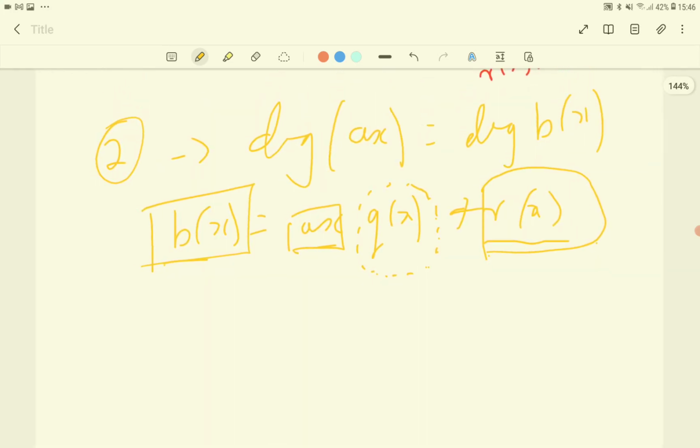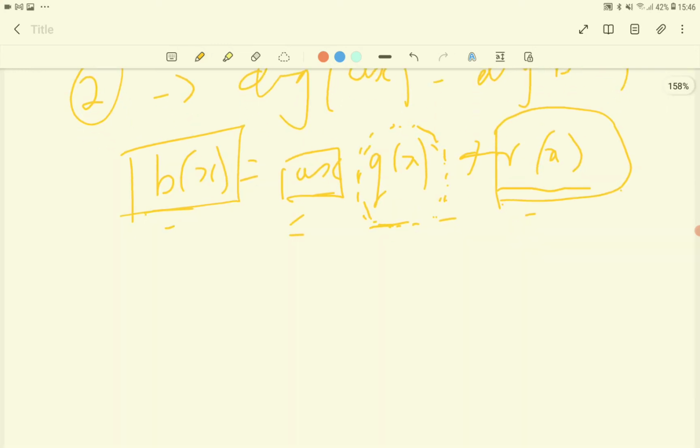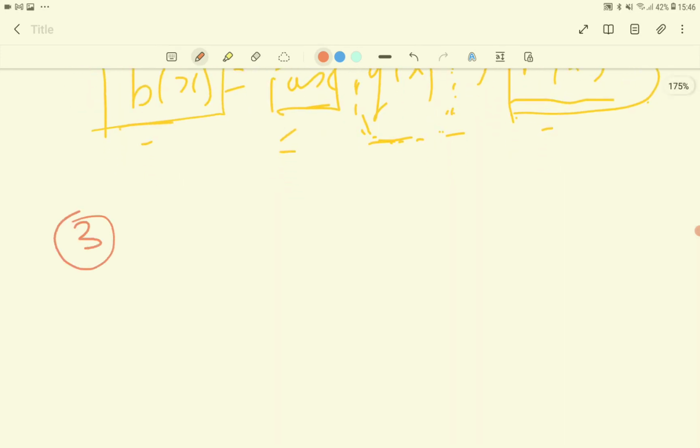So that is again done. So this implies unique decomposition, because q of x is such that it leads to the cancellation of the highest degree terms from here and here. So this is unique.